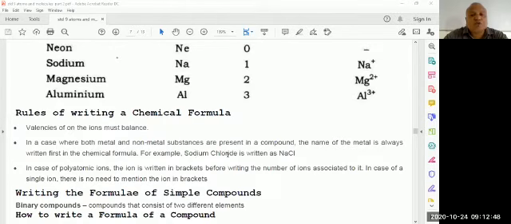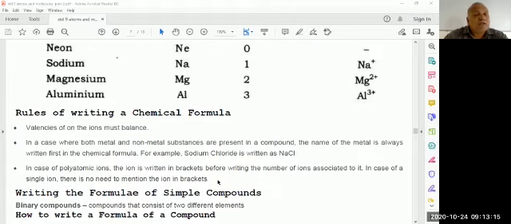For example, sodium chloride is written as NaCl. Sodium is metal, chlorine is non-metal. In case of polyions, polyatomic means many, the ion is written in brackets before writing the number of ions associated with it. In case of a single ion, there is no need to mention the ion in the bracket.